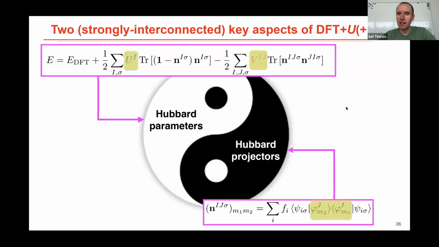So Hubbard U is really the quantity that tries to remove self-interaction errors. I'll show in the next slides how we compute it. Self-interaction errors are unphysical. They don't exist in nature. So Hubbard U is something to fix pathological or anomalous behavior that exists purely theoretically.